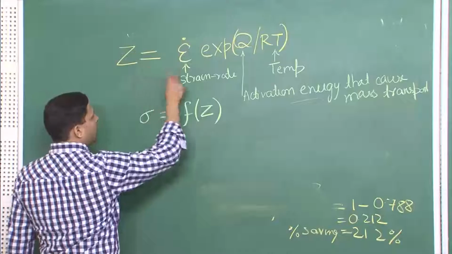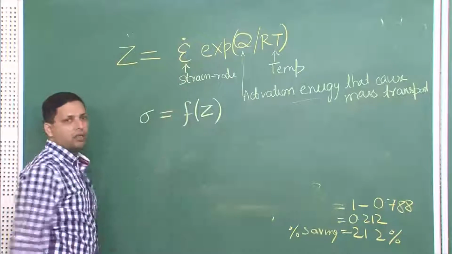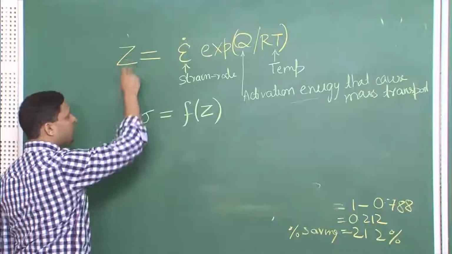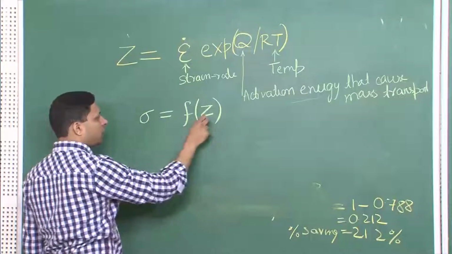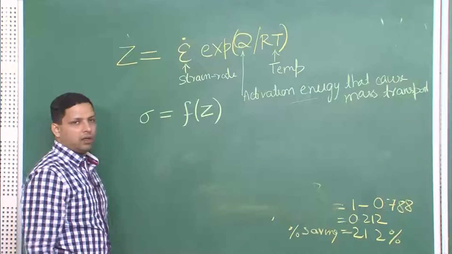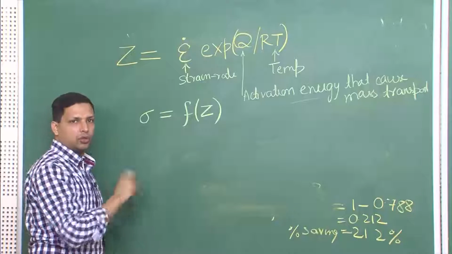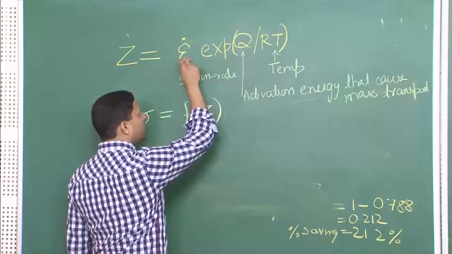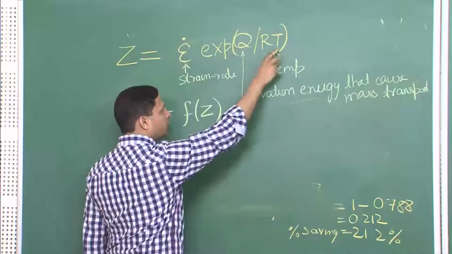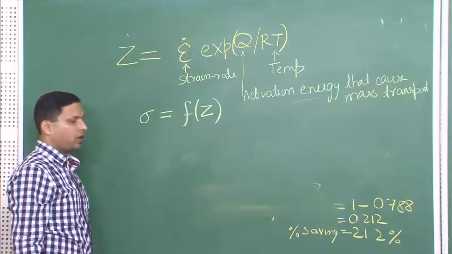What this means is that there may be several combinations of strain rate and temperature which give you the same Z value, and since flow stress is a function of Z, therefore, for all those combinations of strain rate and temperature you would get the same flow stress value. So, that is the important aspect. Now, for different strain rate, of course, at the same time you will have to change temperature and still get the same flow stress value.